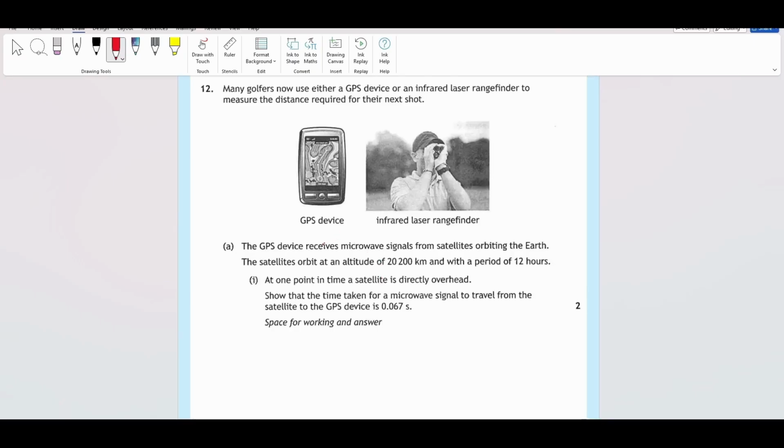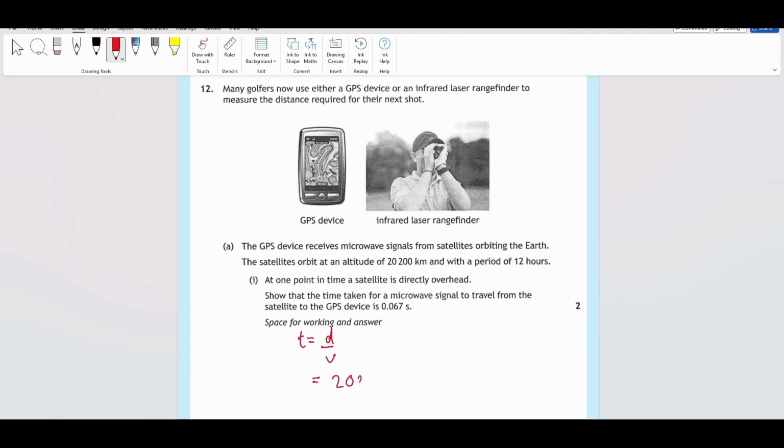In question 12a(i), we need to show that the time taken for a microwave signal to travel from the satellite to the GPS device is 0.067 seconds. So we do t is equal to d over v, where d is the distance to the satellite, which is 20,200 kilometers.